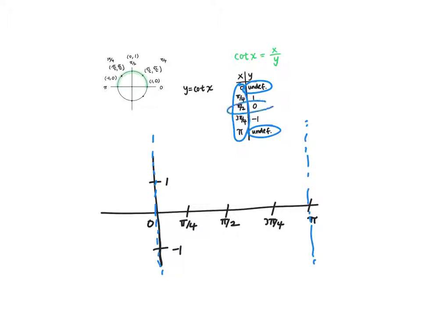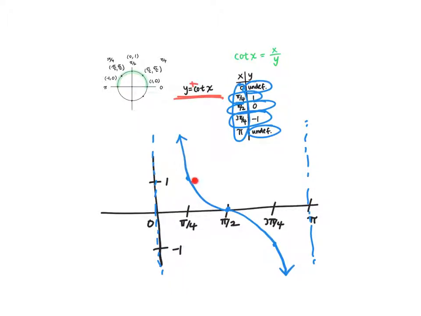Okay, and I have my pi over 2 comma 0, pi over 4 comma 1, and 3 pi over 4 comma negative 1. So you're going to do the same type of shape, concave up here and concave down. Notice that a positive cotangent of x is a decreasing graph.